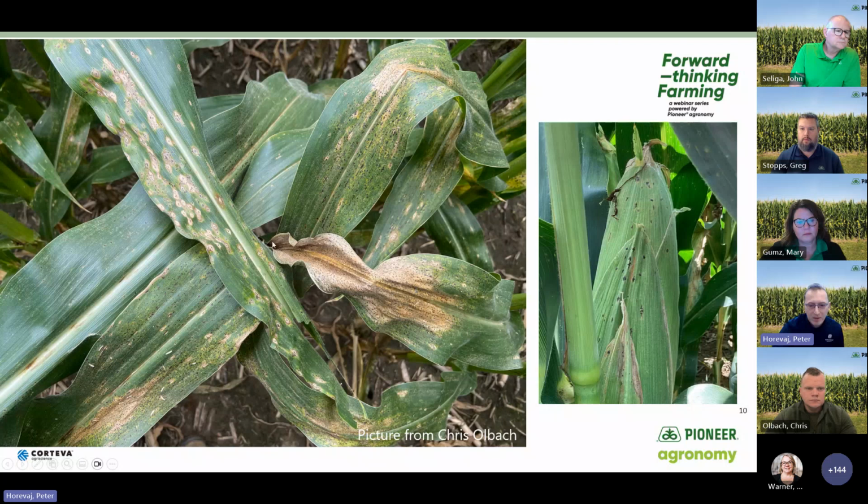Usually it starts from the tip, it seems like that necrosis is just overwhelming everything.